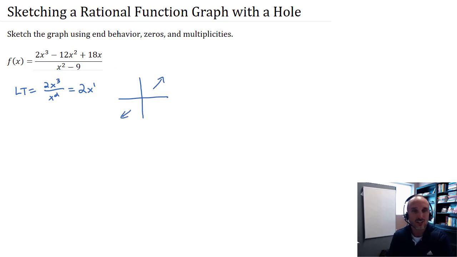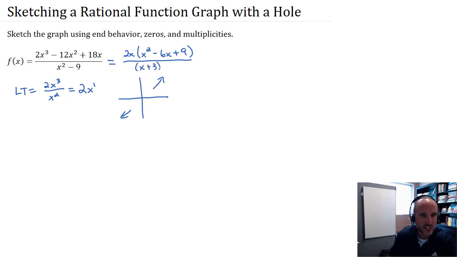Then to get our zeros and multiplicities, we need to factor this. On top we could pull out a 2x, which leaves behind x squared minus 6x plus 9. And on the bottom, x squared minus 9 is x plus 3 times x minus 3.